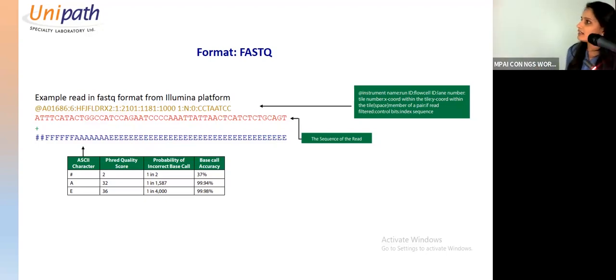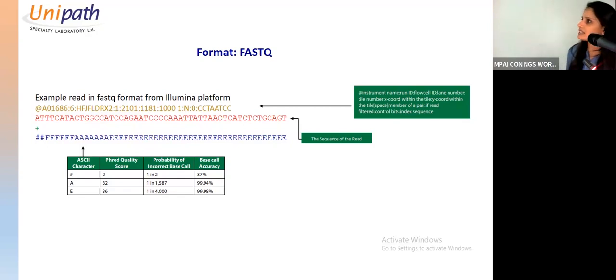Here, the three symbols which have been used are explained like this: this symbol represents a quality of 2, which means it's not good, so you need to trim bases like this, which are of poor quality. Then this A, which represents quality 32, is actually good. If more than 80% of your data is Q30, then you can say your data is good enough to start with the analysis.